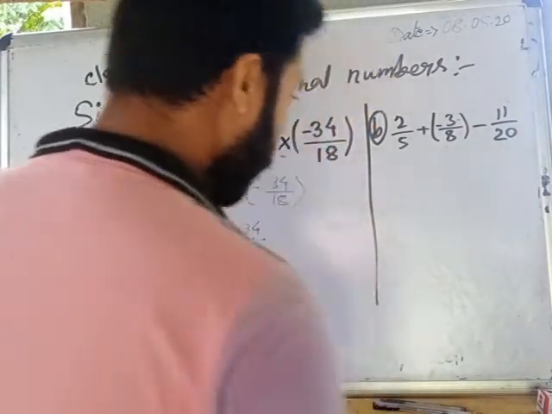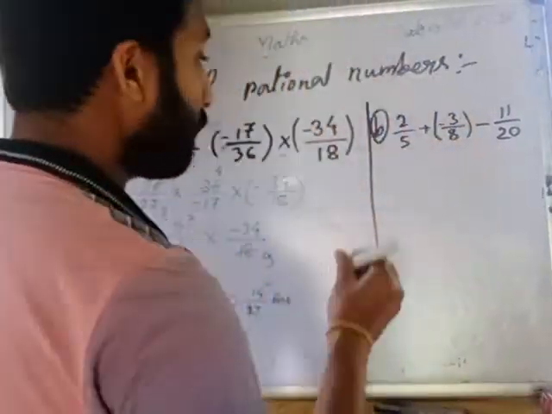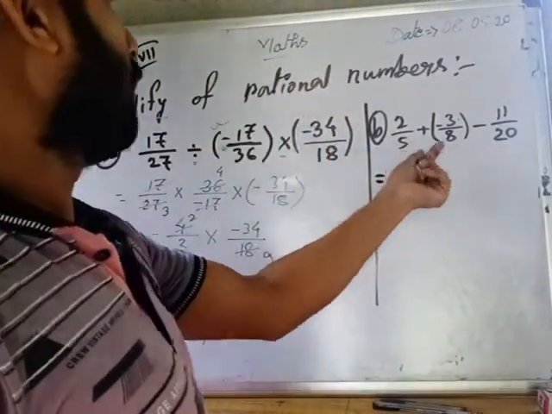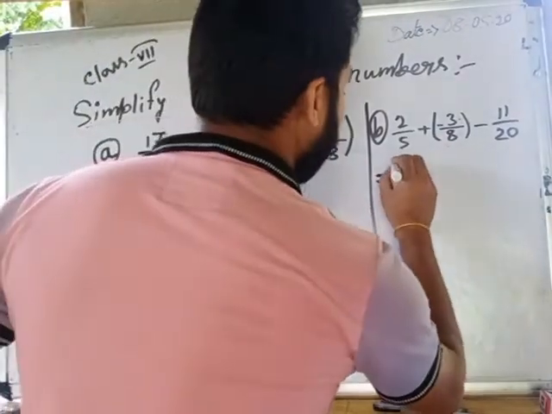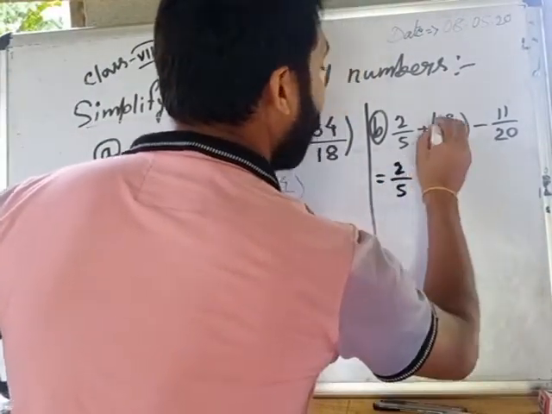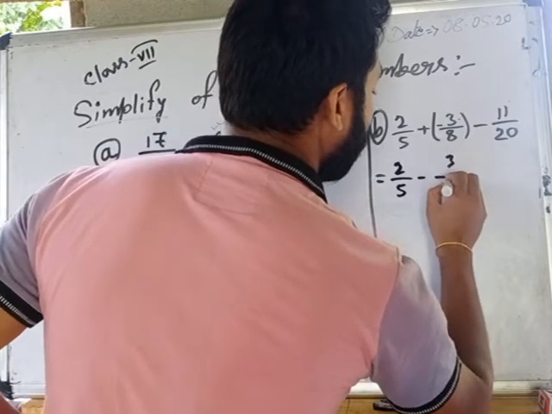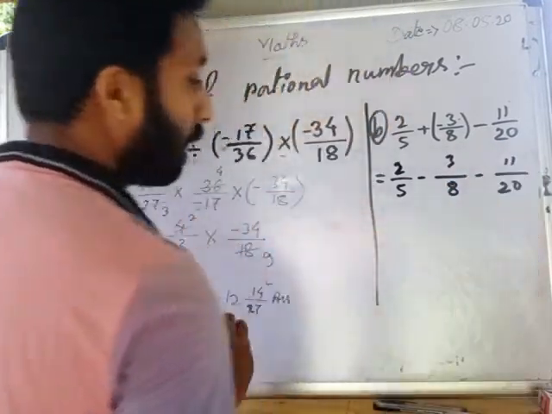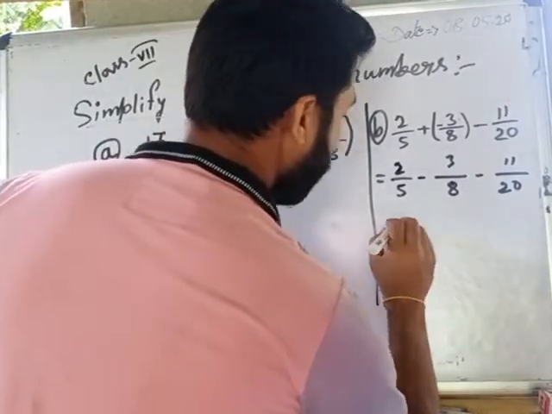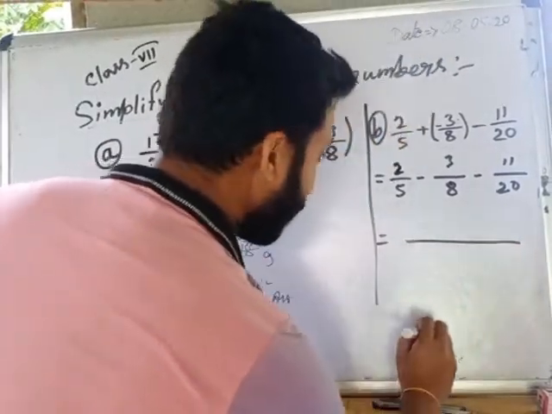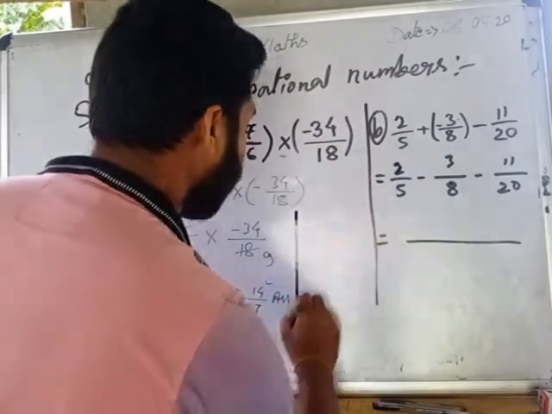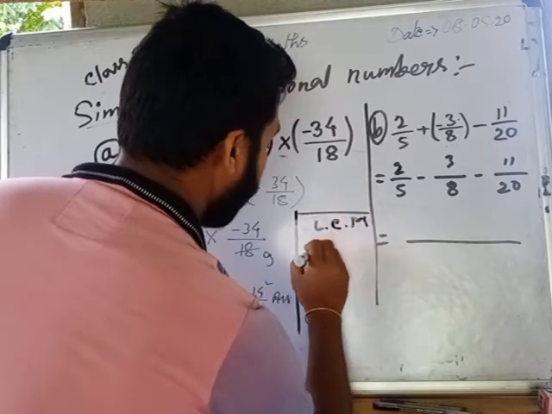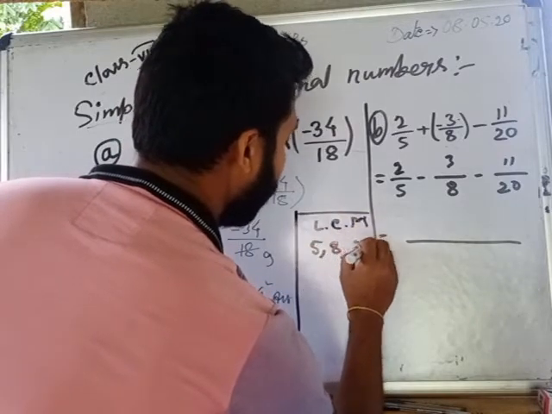After that, I will go to the next. This one is also simplify with addition and subtraction. 2 by 5 plus minus, that is minus 3 by 8 minus 11 by 20. So at first we should find out the LCM of denominators 5, 8 and 20.